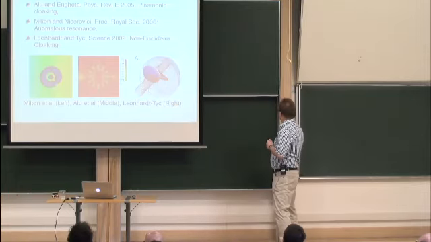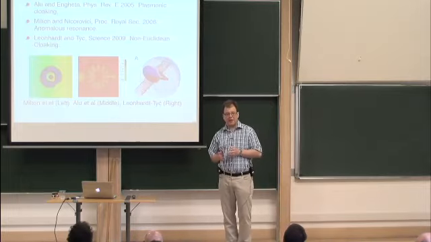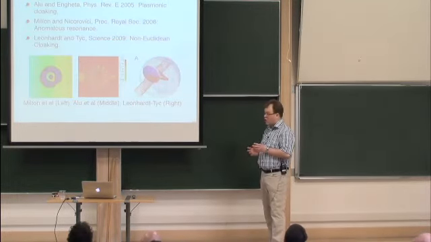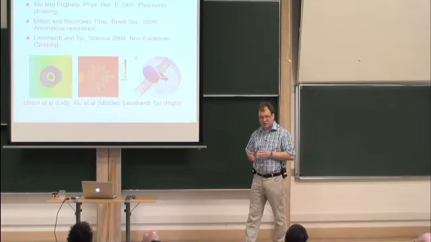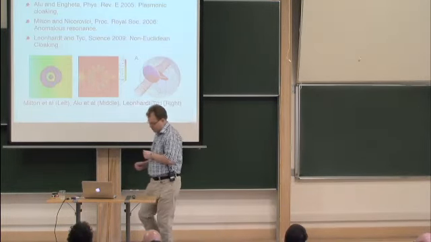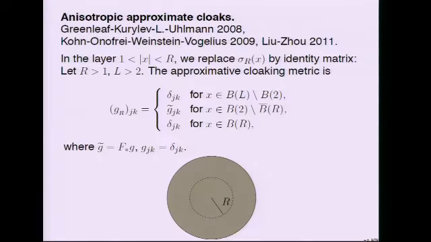Now in this talk I will look at a slightly different type of invisibility. One can think of invisibility for rays, when one is interested in how light rays propagate, or one can speak about invisibility in waves, which means that you consider partial differential equations. And I will now consider approximative cloaks.